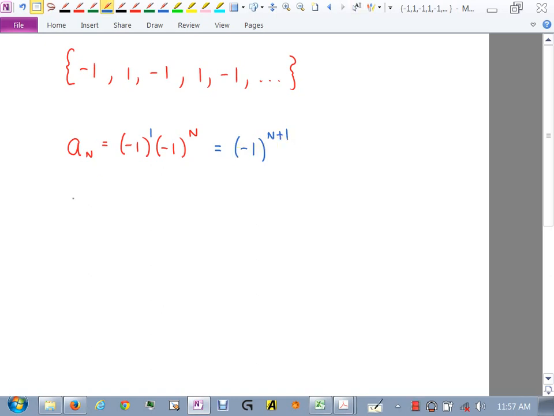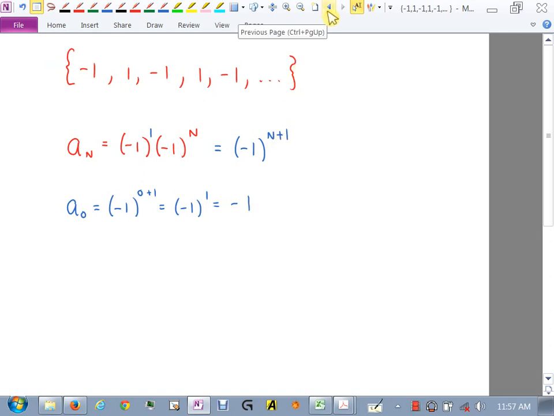Try it. Plug in 0, and you get -1 to the 0 plus 1, but that's -1 to the 1, which is -1. So now the first one that comes out is negative instead of positive. All I had to do to make that happen was tweak the formula. Tweak this power and make it an n plus 1.